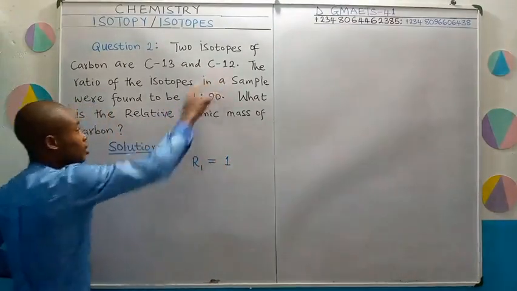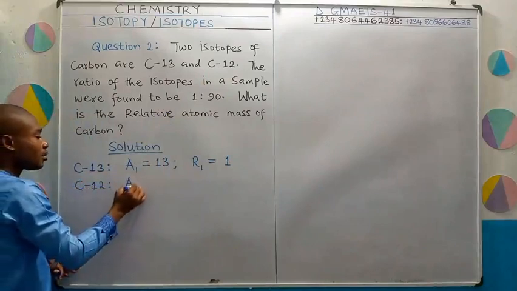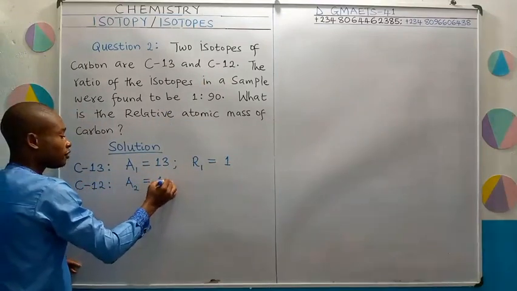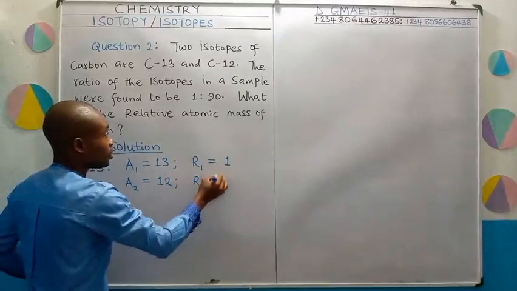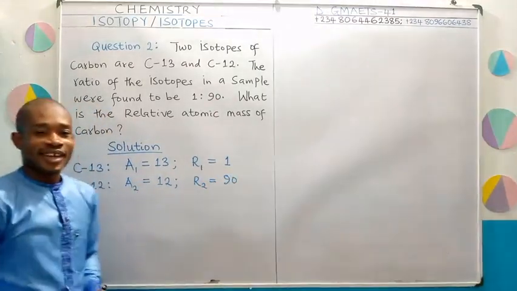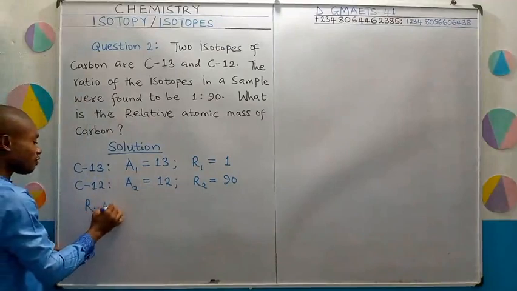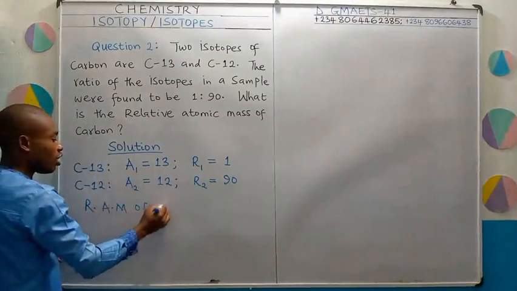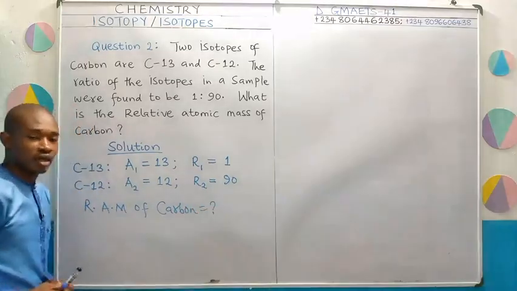The next isotope is carbon 12, so the mass number A2 is 12, and the ratio given, R2, is equal to 90. Now we are asked to find the relative atomic mass of carbon. We don't know, so it's going to be a question mark.